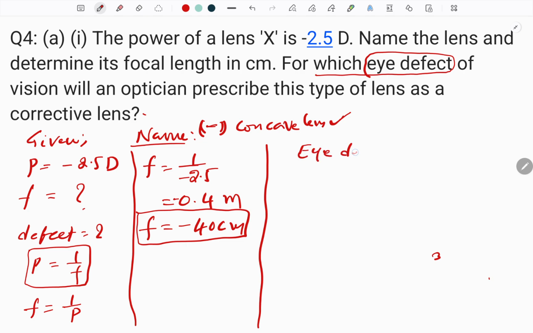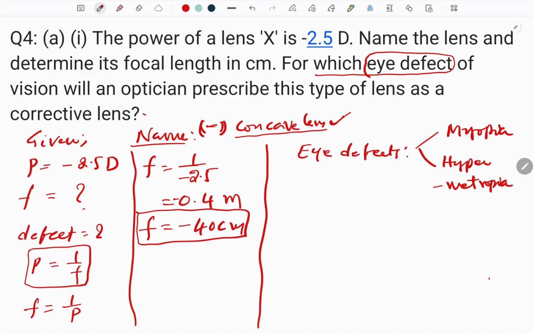One is myopia, second one is hypermetropia. Myopia is also called short-sightedness. Hypermetropia is called long-sightedness.